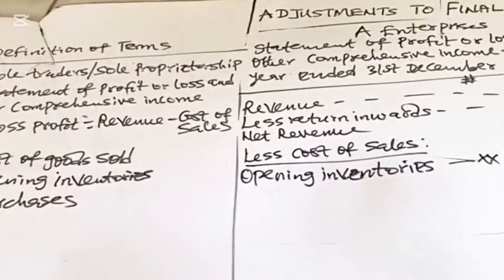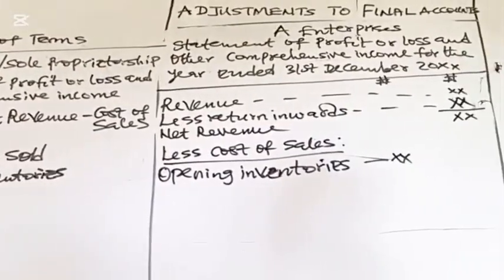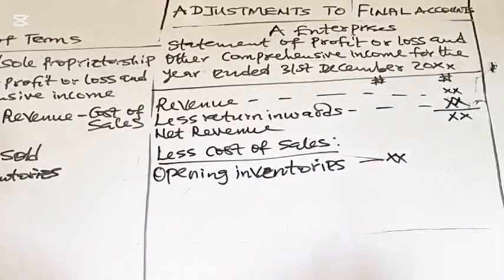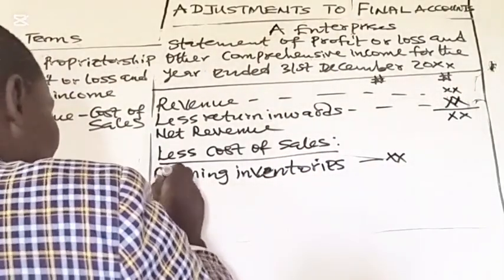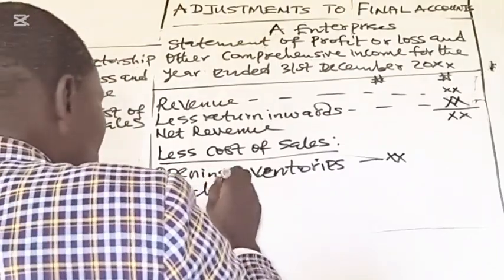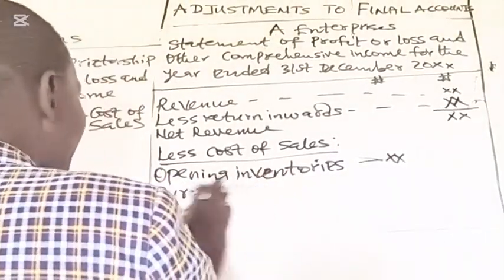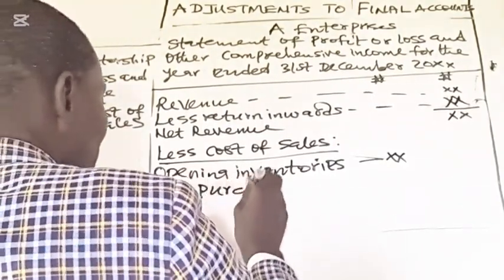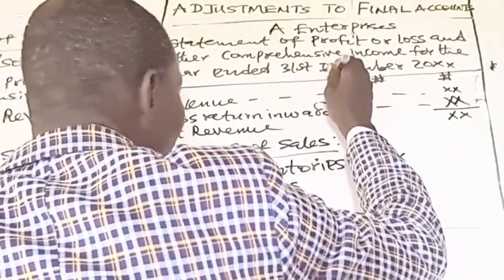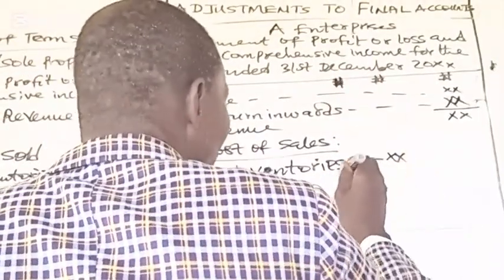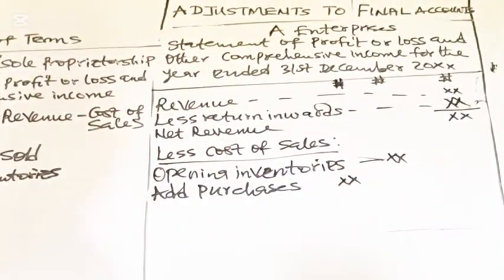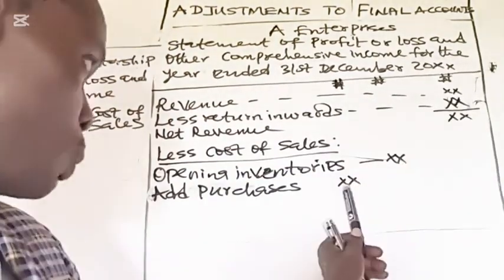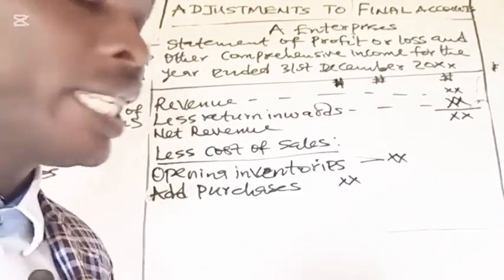So where you have purchase, you add it to your opening inventories. Let me say add purchases. Remember, I've told you purchases are goods bought for resales. You have now bought more because this was in hand. You bought more of the items.